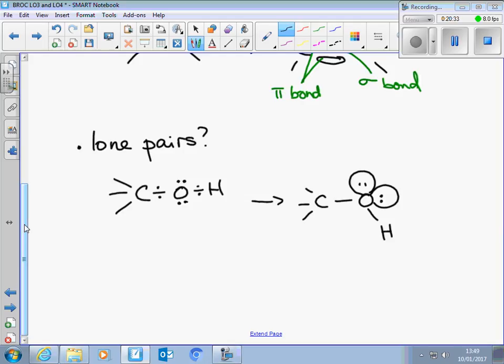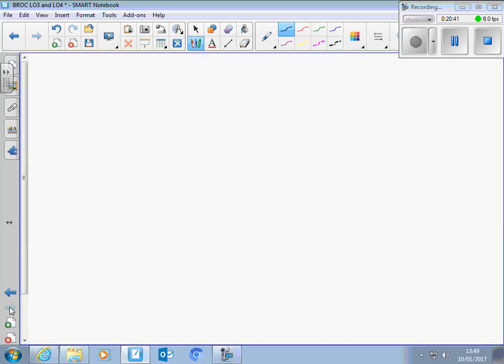Okay, I think if we go down to the box at the bottom left now, what attacks what is the next bit. We've got two types of substance that will come in and react with the reactive sites that we've just identified.